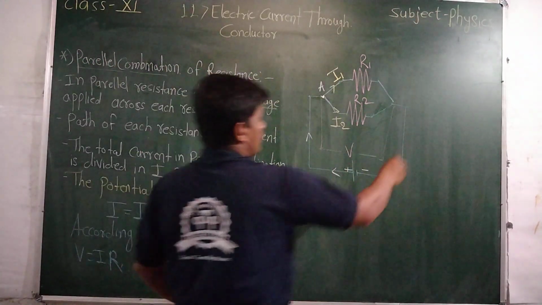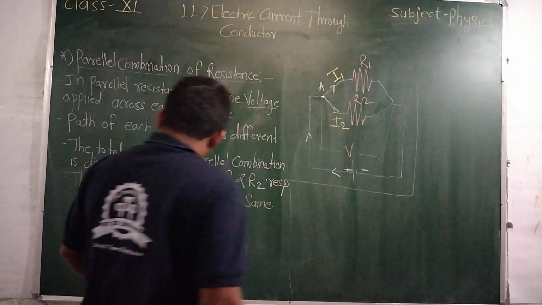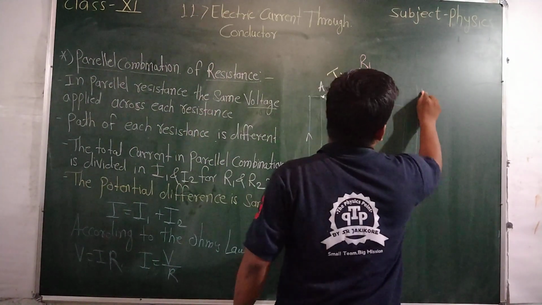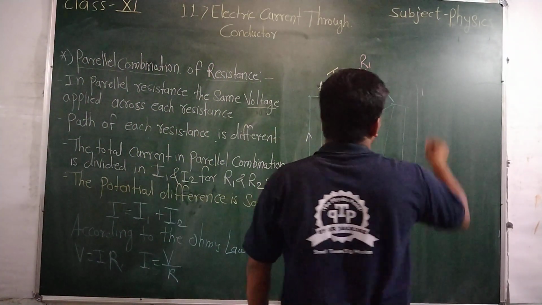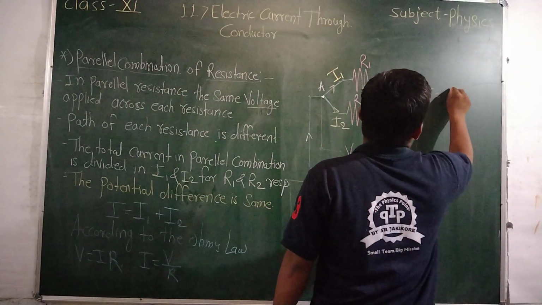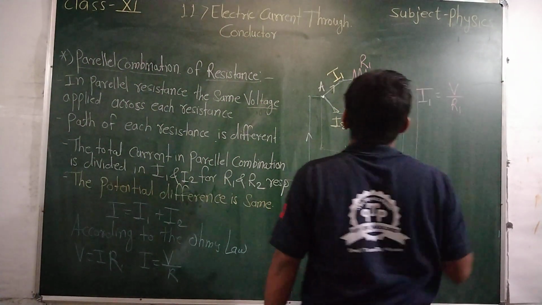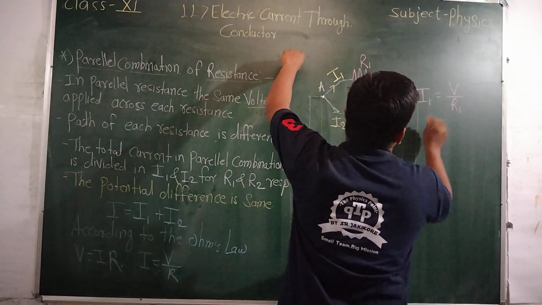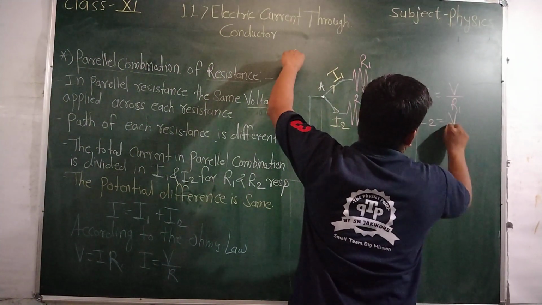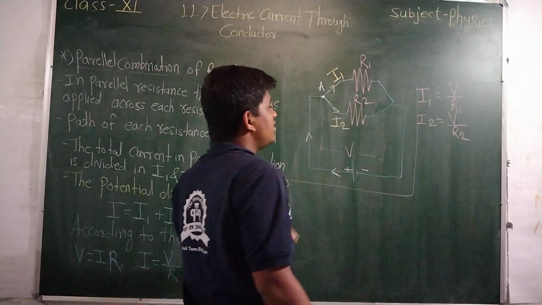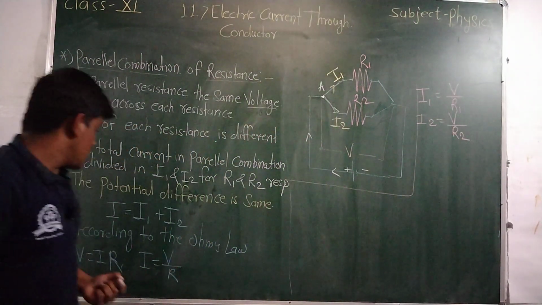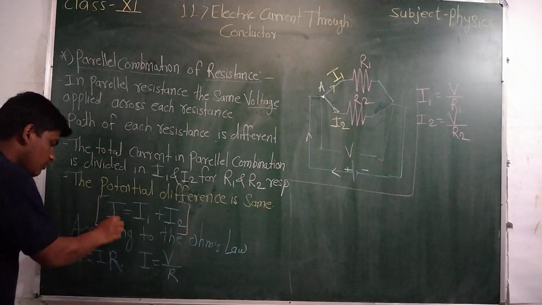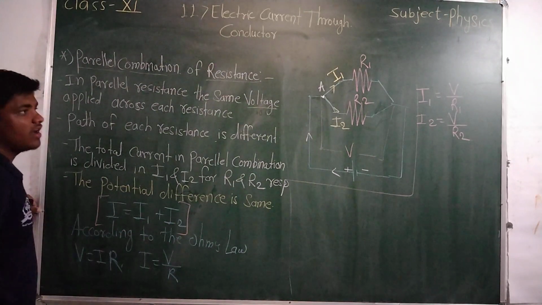Then for I1, I1 is equal to V upon R1. The potential difference remains the same for both resistors. For I2, I2 is equal to V upon R2. Why do I find I1 and I2? I will use the individual current equations in the equation for the total current.